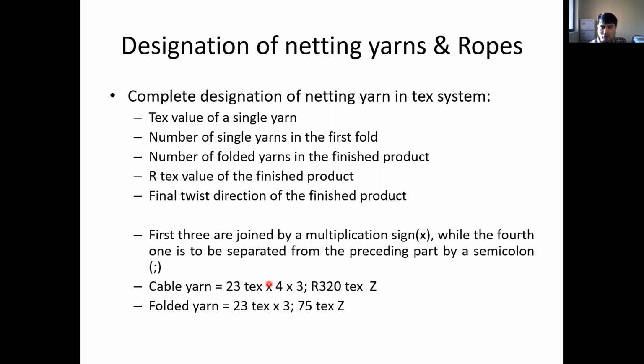That means all these three we are joining together by a multiplication sign, and then our text value we are separating from these three by putting a semicolon. And finally we are giving a twist direction. So the final twist direction of the cable knitting yarn is right-handed, that is the Z.